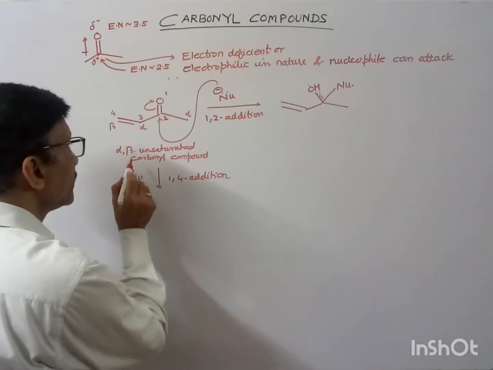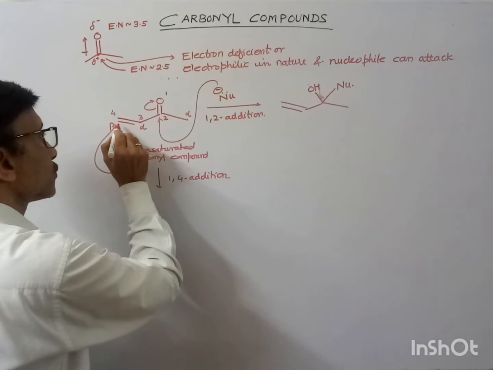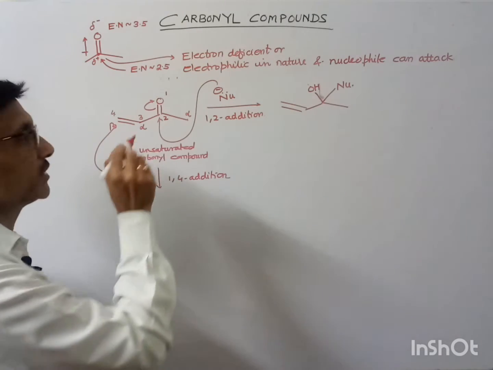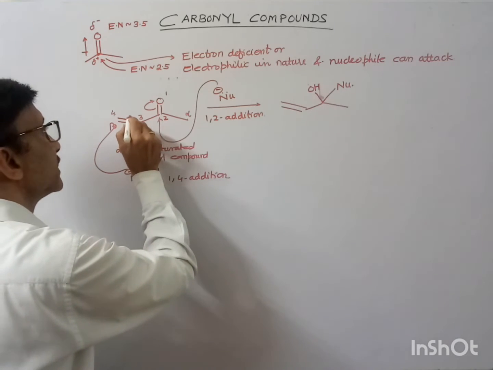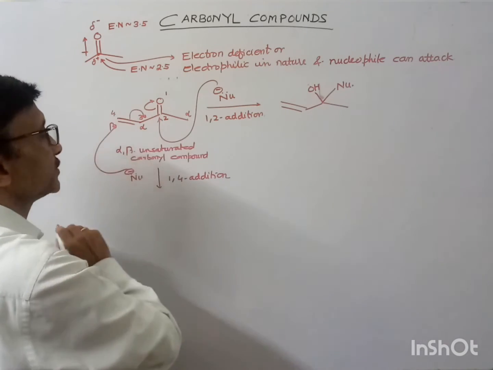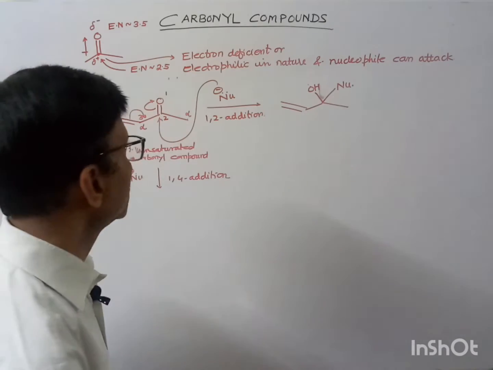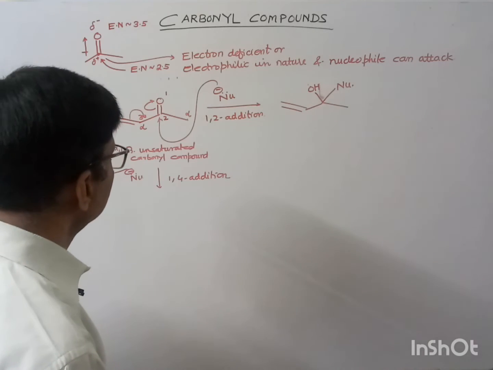So the nucleophile may attack this position, which is electron deficient. This may also act as an electron deficient center via resonance. This is one of the electron deficient centers.